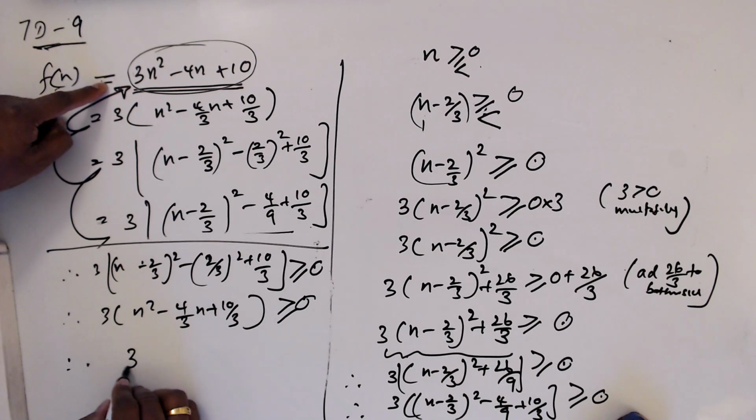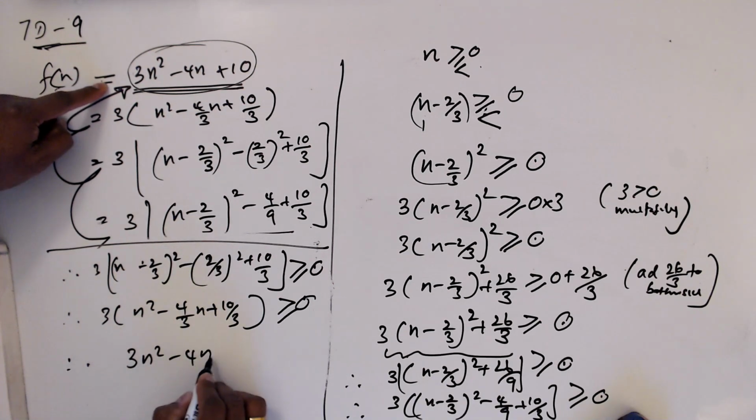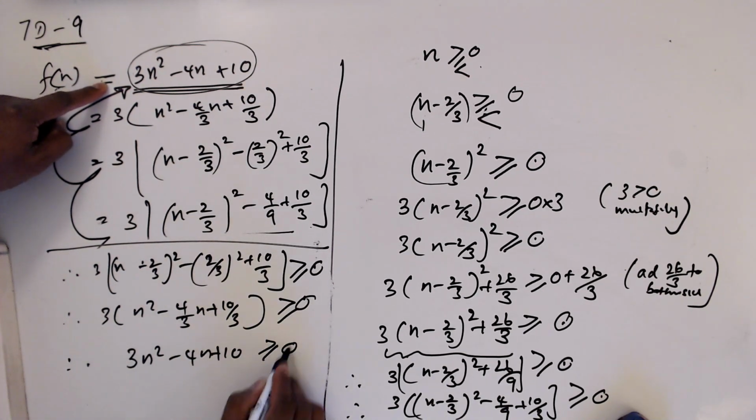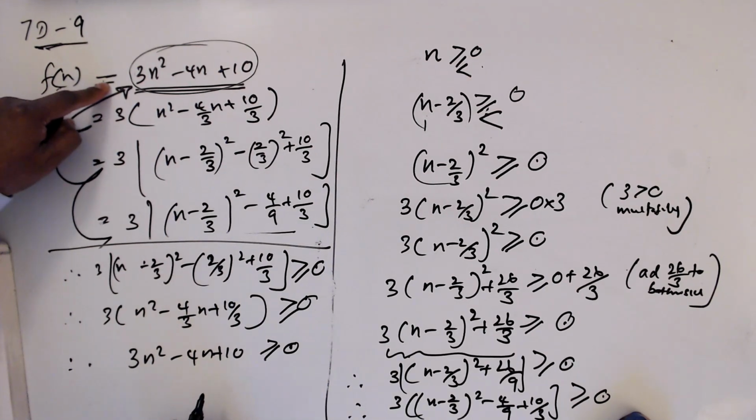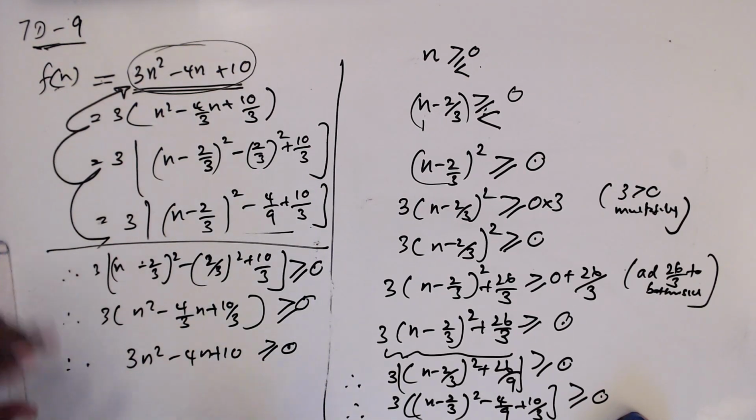Hence 3n squared minus 4n plus 10 over 3 greater than or equal to 0. Hence 3n squared minus 4n plus 10 greater than or equal to 0. So this is how you want to write.